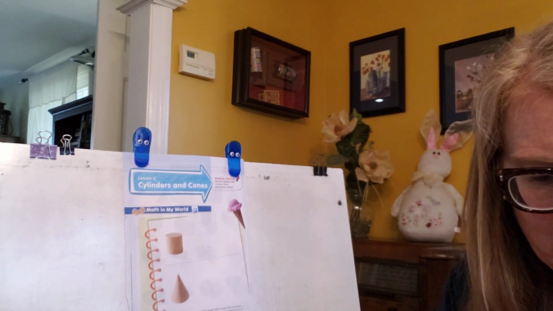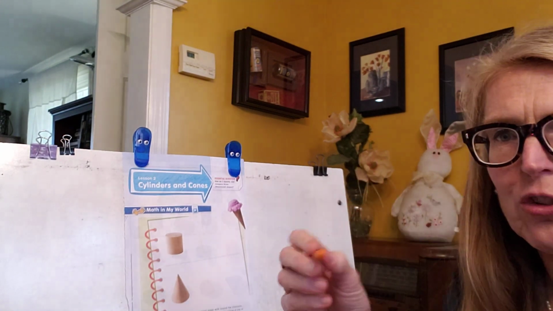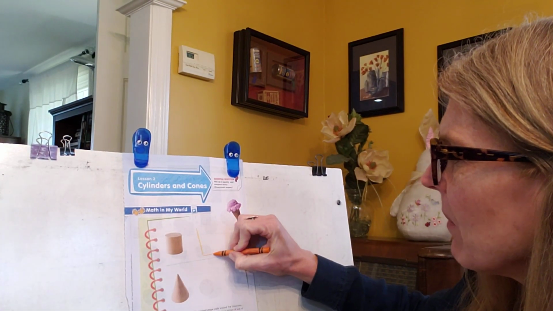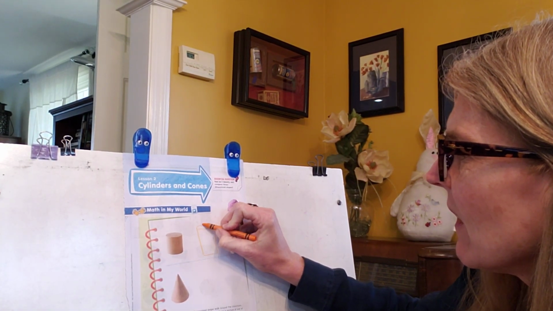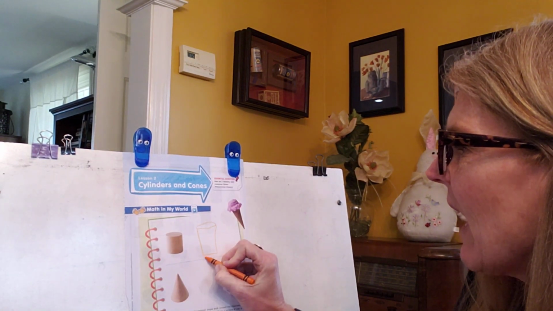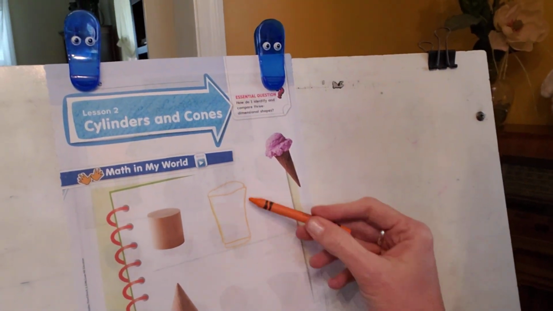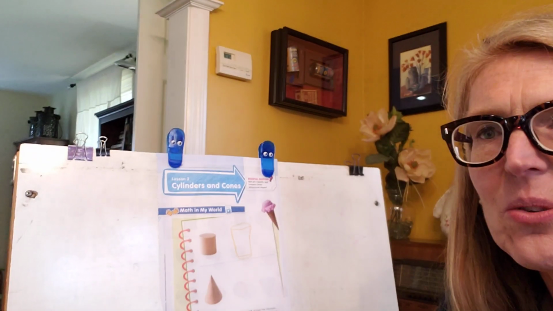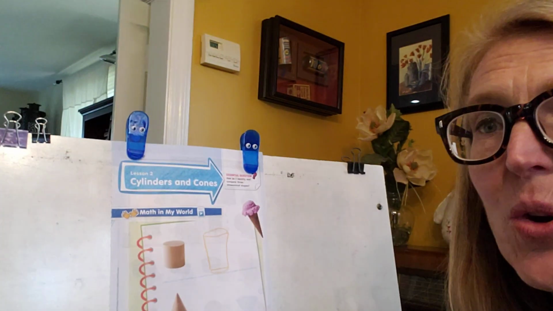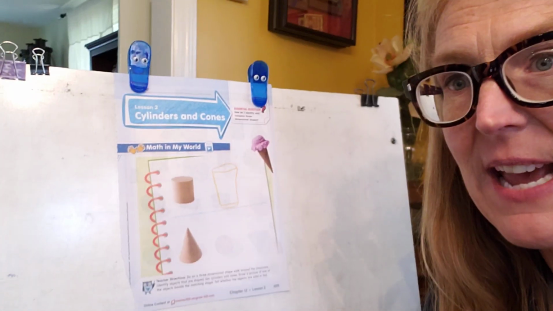So I'll use an orange, was my cup from the kitchen. Okay, and it has that cylinder shape.